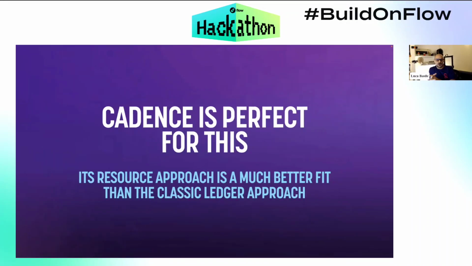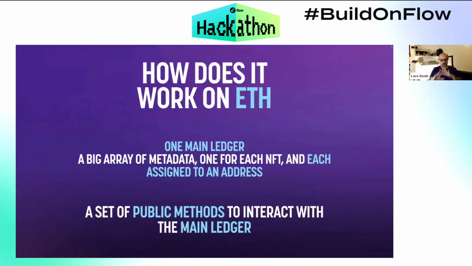So Cadence and Flow is just perfect for this, because the resource approach that it has is a much better fit than the classic ledger approach. To give you a very, very broad example of how things work on Ethereum and most of the other blockchains, there is one main ledger that says, I gave you this, you gave this to him, etc., with one big array of metadata, one for each NFT, and each one is assigned to an address that is yours, but that can be changed to pass it to someone else.